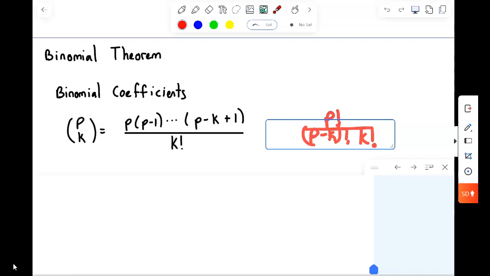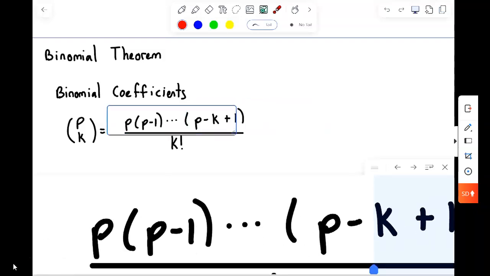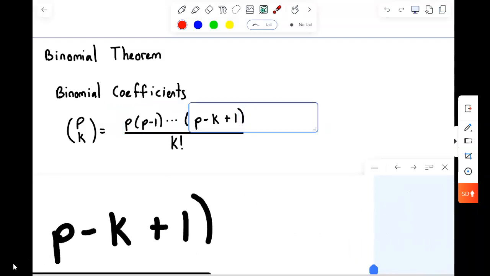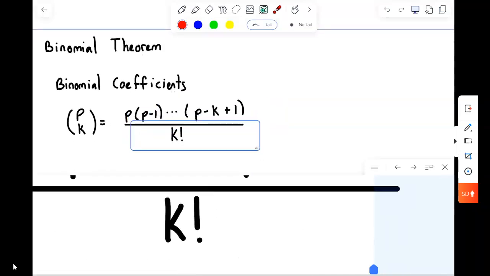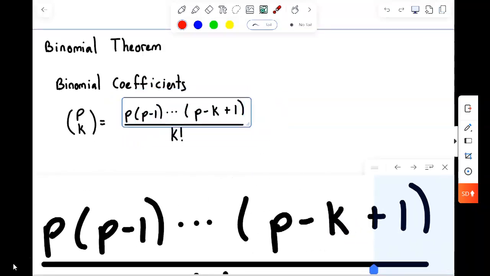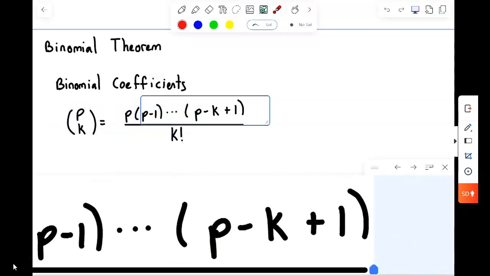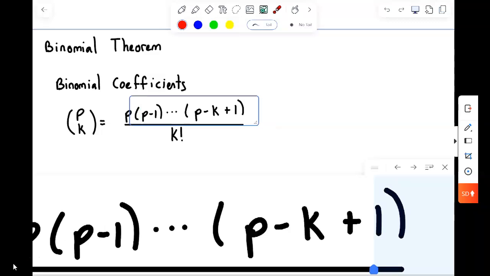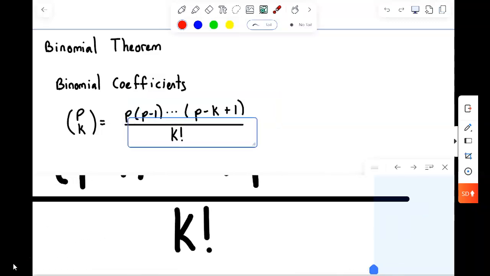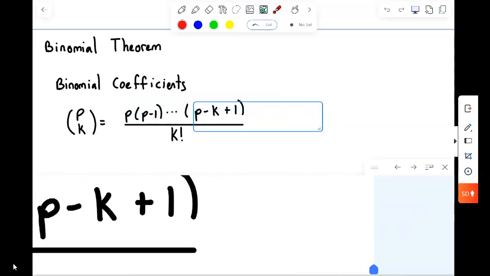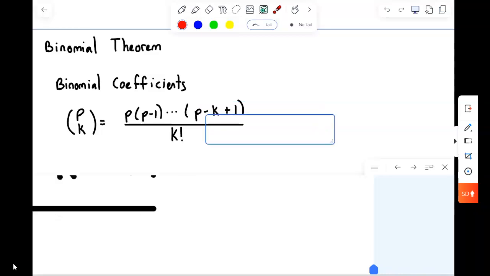When you cancel out the p minus k factorial, you're just left with p multiplied until you get down to 1 more than p minus k, and then all over k factorial. We write it this way, continuing to subtract until we get to p minus k plus 1, all over k factorial. There are reasons for that, which will become clearer later on.